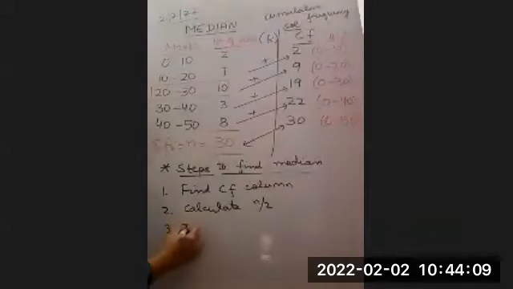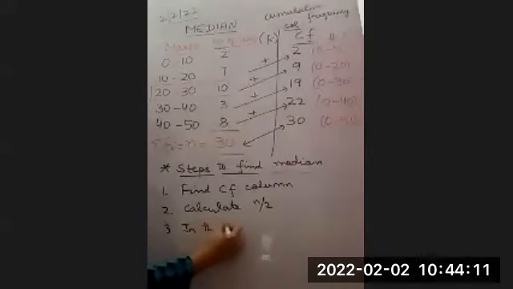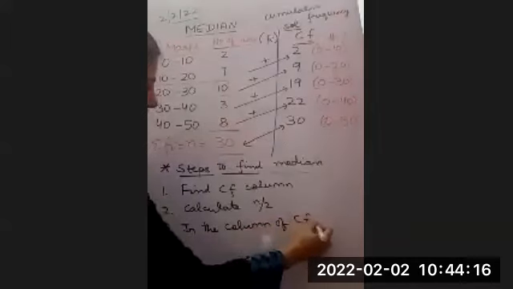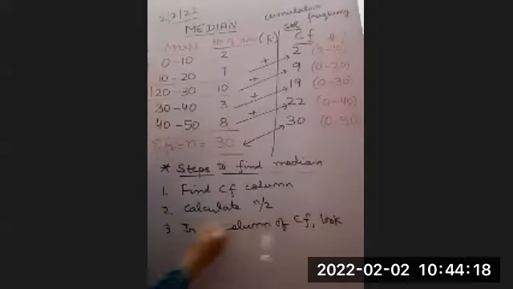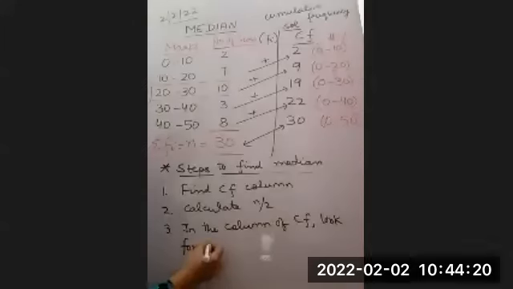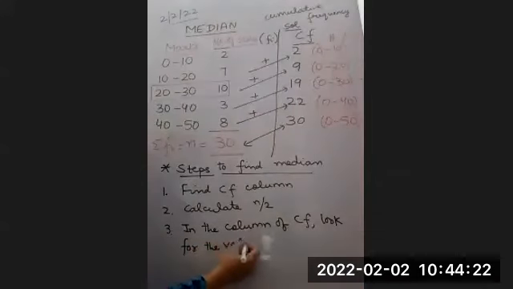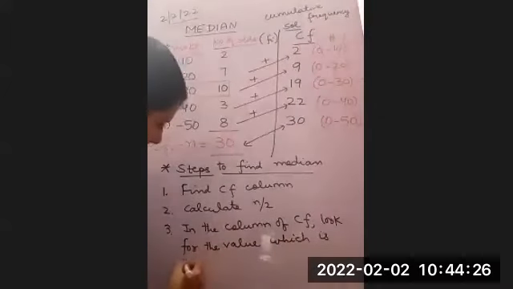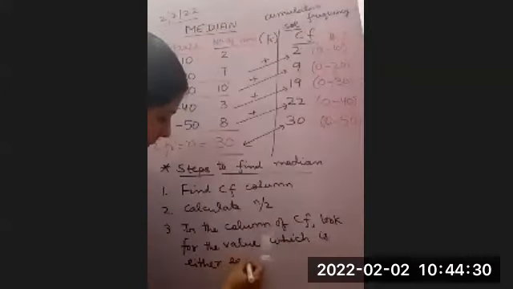Third, in the column of CF, look for the value which is either equal to n by 2 or just greater.